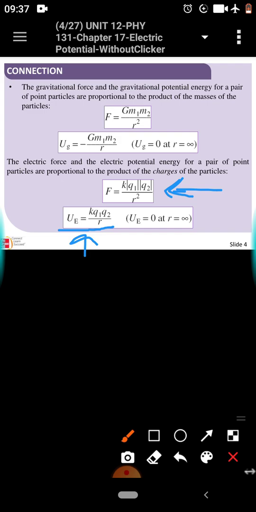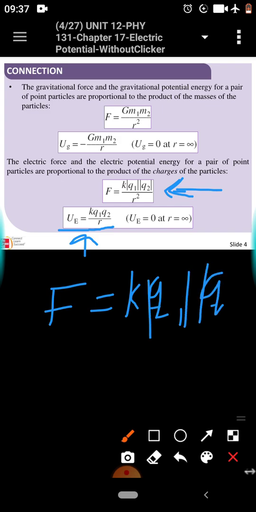Maybe let me talk about this fact. You remember here we had the magnitude of these charges over r squared, because whenever we talk of the magnitude of a force, we need to take the magnitude, because we know that the force is a vector.